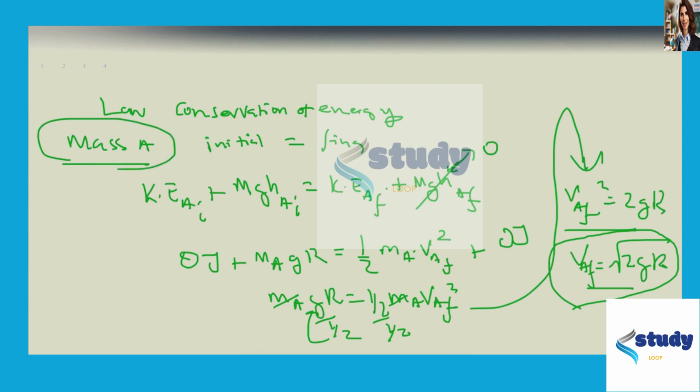This is for mass A, if you can recall. We have the initial potential energy, which is MAGR, and then the final, when it's sliding downwards, is at the base level. Remember, there's no height, so it's going to be zero potential energy. We solve, we get the final velocity of A.